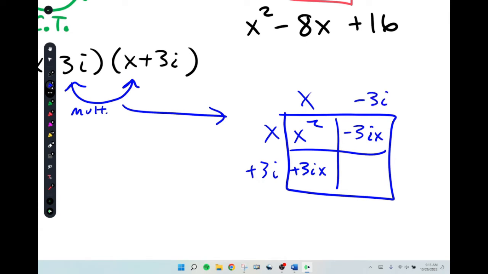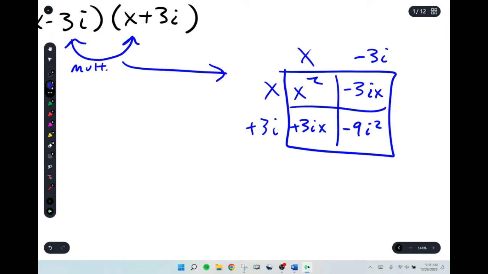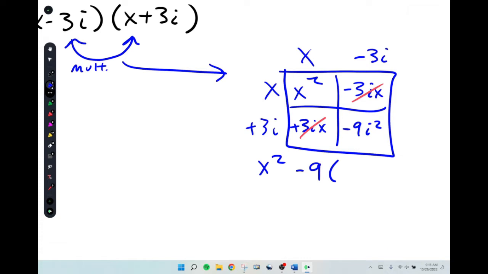Negative 3i times positive 3i turns into negative 9i squared, right? So we've got x squared. The two corners cancel. Or they don't cancel, they add together to turn into 0. Minus 9 times, anybody remember i squared's identity? Negative 1. X squared plus 9.